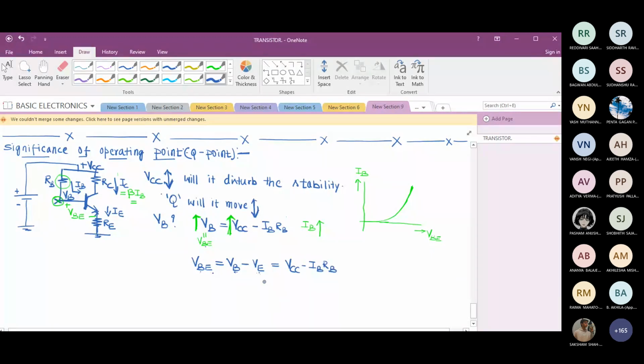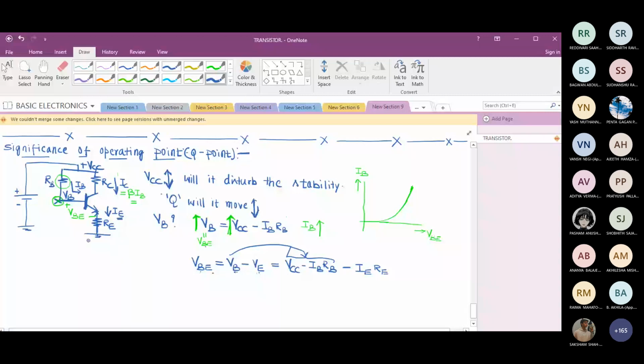VB, this one? Yes, sir. What about VE? Is it IE RE? What is the current that is going to flow through the emitter, this thing? Is it IE?